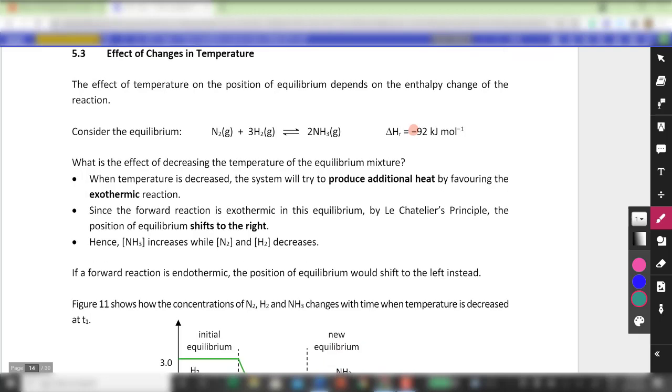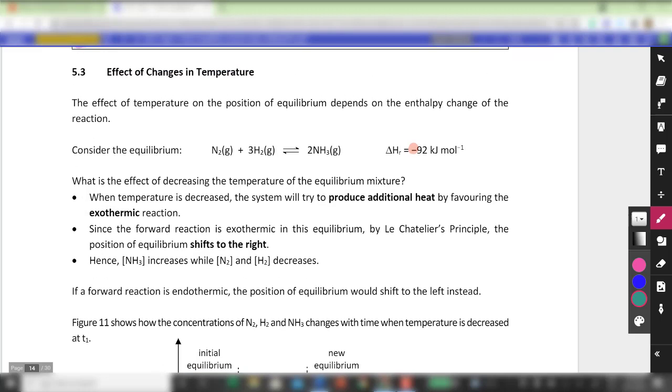To make your life a little bit easier, when the reaction goes from left to right and it produces heat, of course we will write heat on the product side, because it is the production of the product that generates the heat.